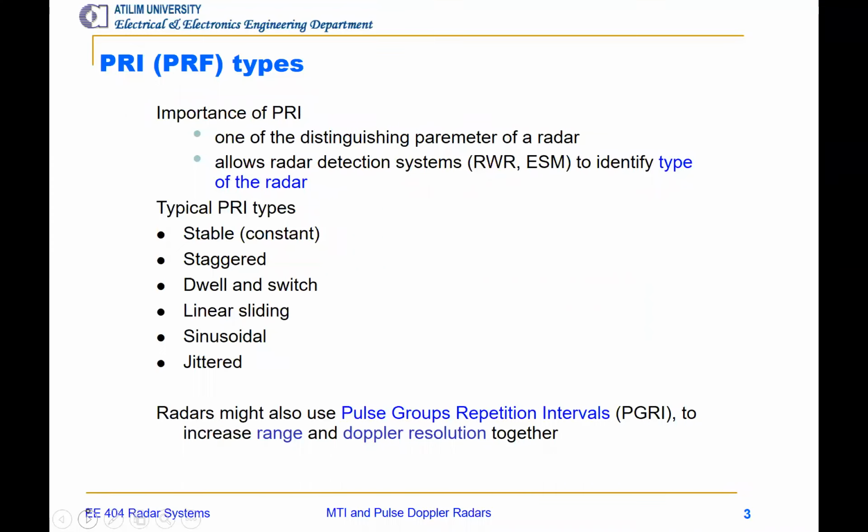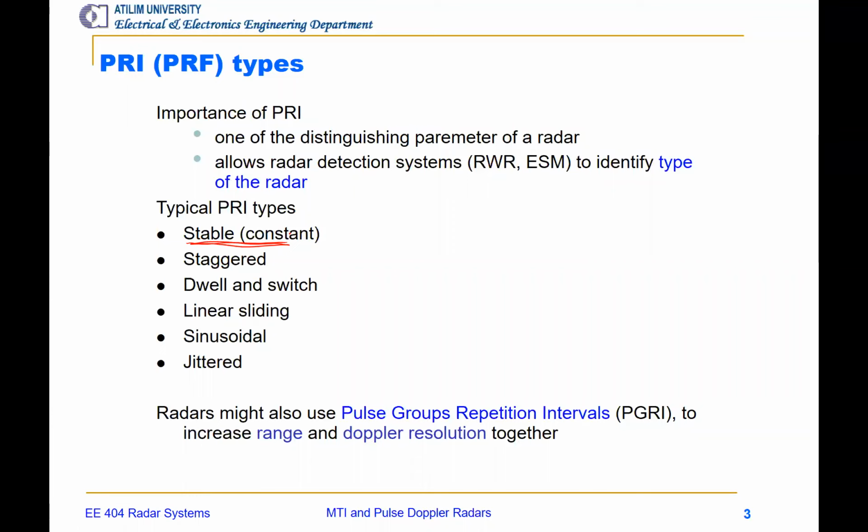The PRI that we have been using was actually the stable type, where we got a constant PRI, and it does not change with the operation, with the scanning. Next, we got stagger, dual and switch, linear sliding, sinusoidal, and jitter.